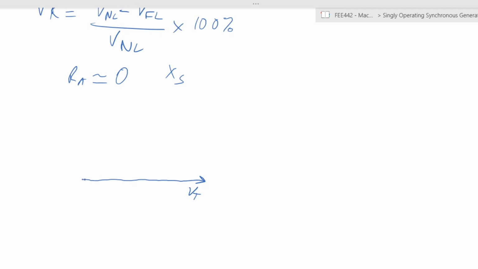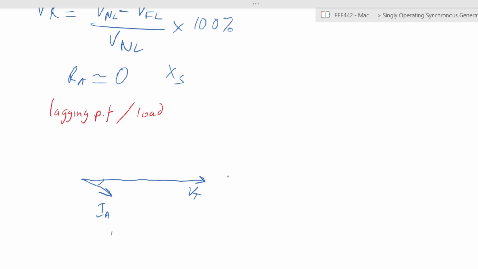So if your current is at that angle, let's say it is lagging, and let's call this a lagging PF, or a lagging load being supplied, so that your current is at a lagging angle.